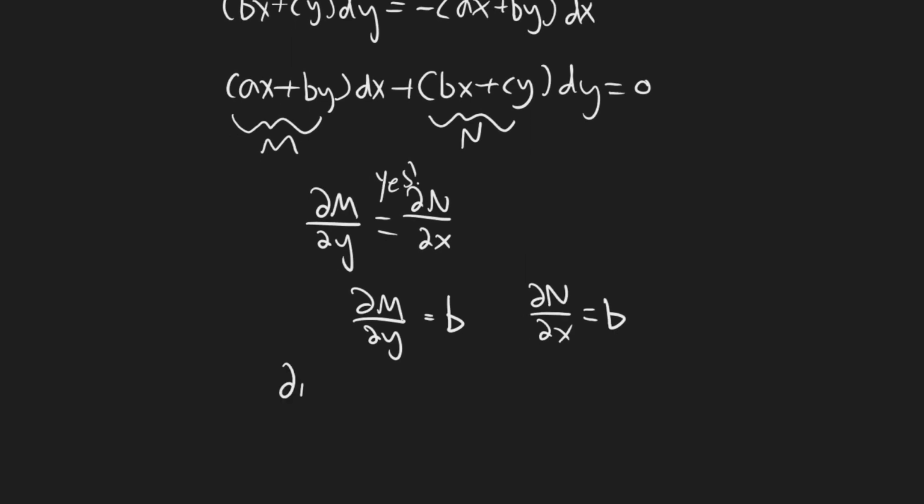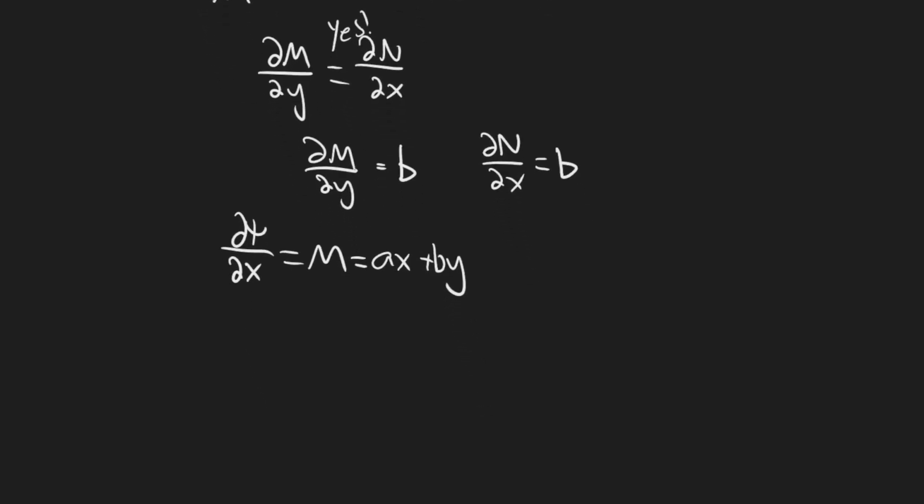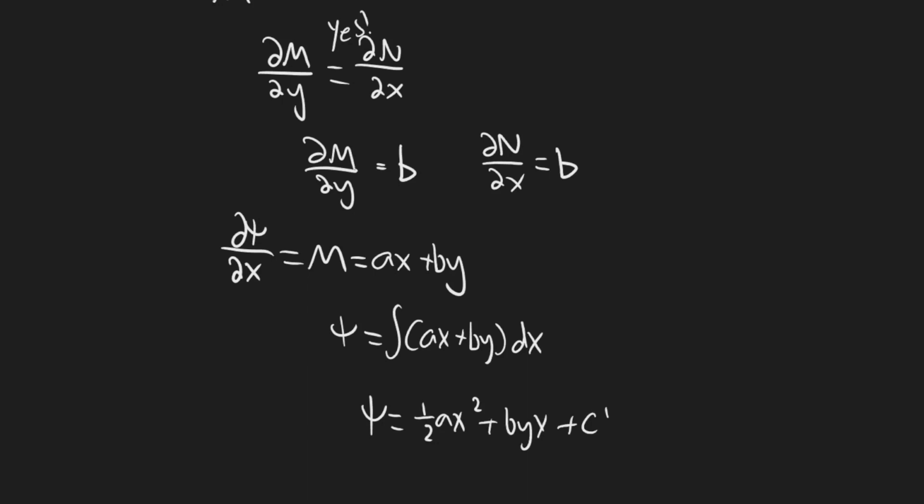All right, so now we actually solve the ODE. Partial psi partial x equals m, which equals ax plus by. This means that psi equals the integral of ax plus by dx, and so then psi equals 1/2 ax squared plus byx plus c, or just regular c of y, not the prime yet.